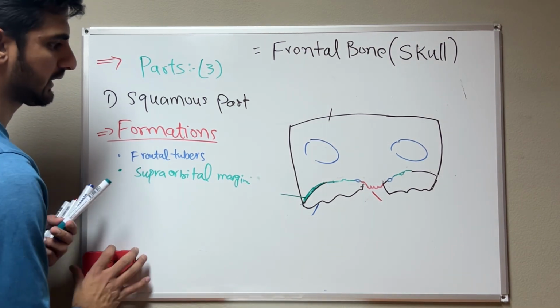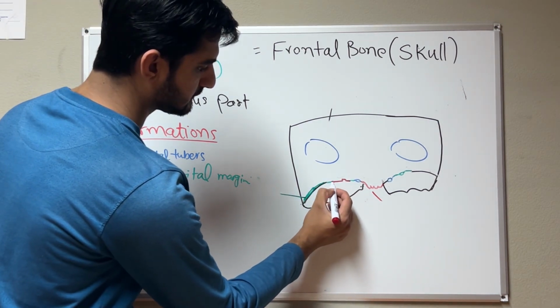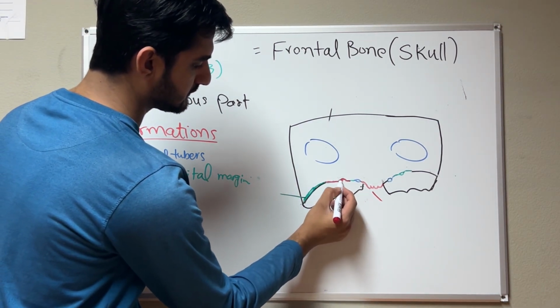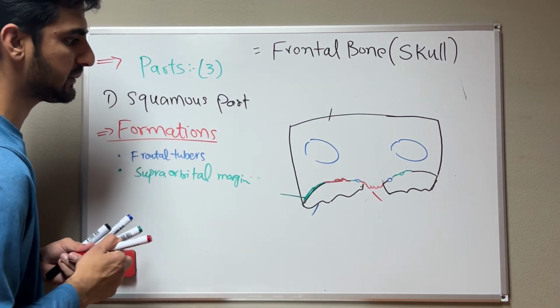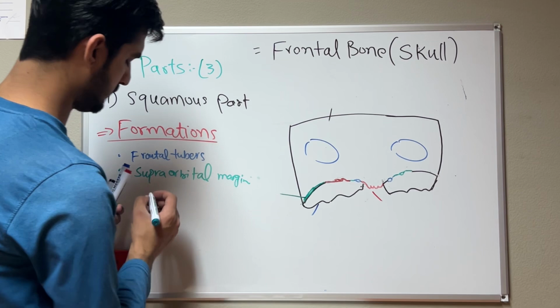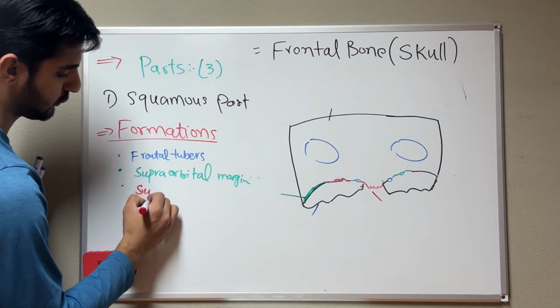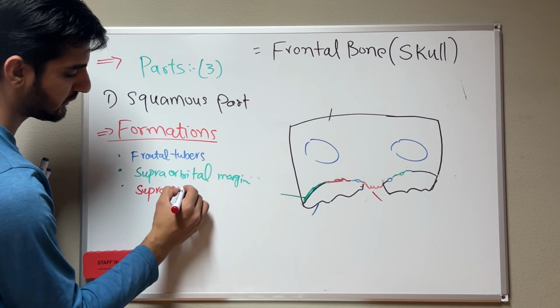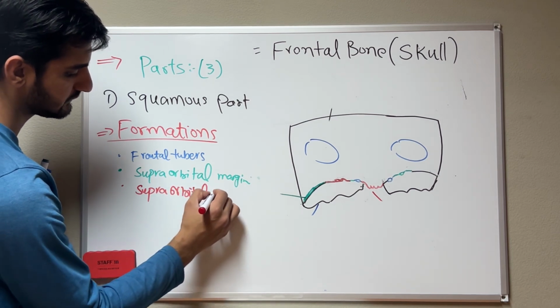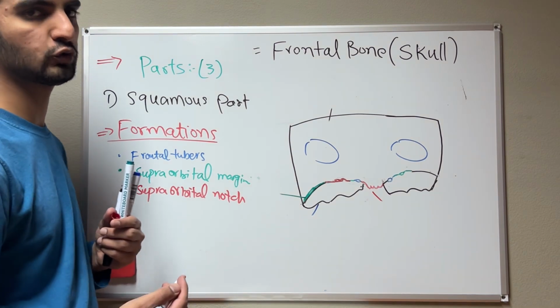Now next, this area. This is the supraorbital notch, which is like a U shape. In Latin, incisura supraorbitalis.